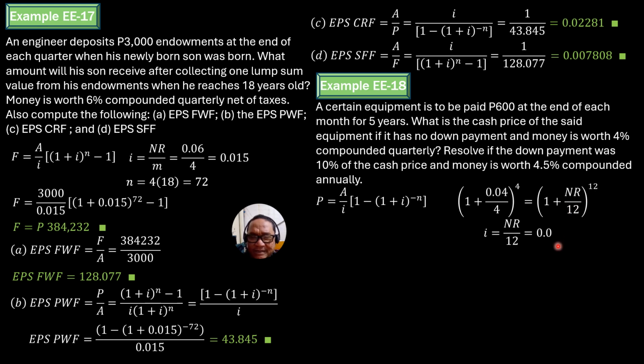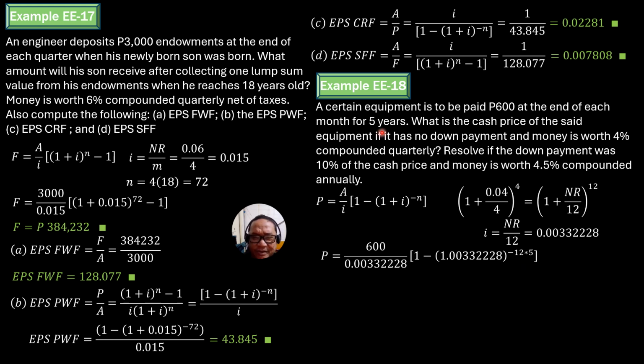So I equals NR over 12, and that is equal to 0.00332228. Then substitute here 600 over 0.00332228, 1 minus 1.00332228 raised to negative 12 times 5, or negative 60.